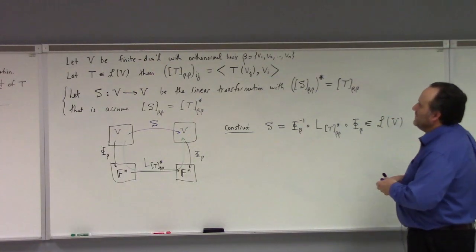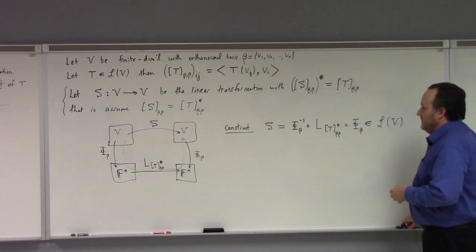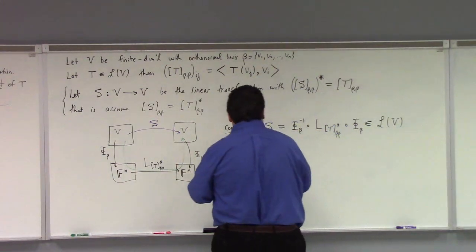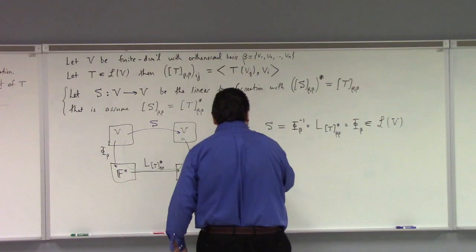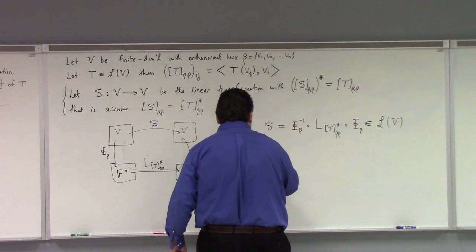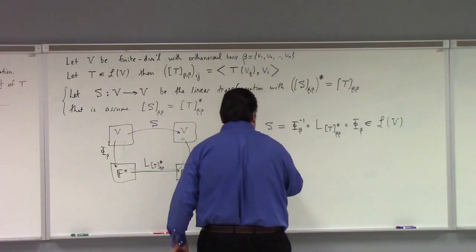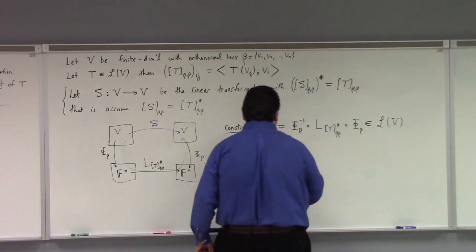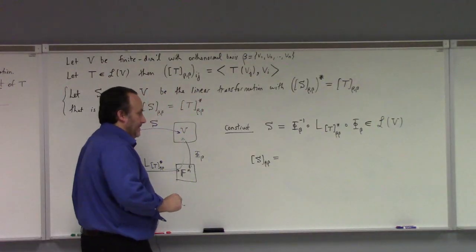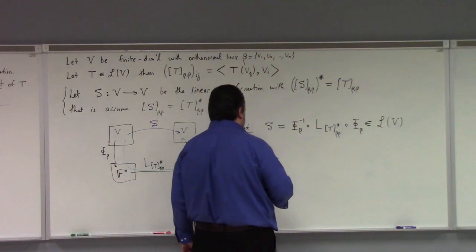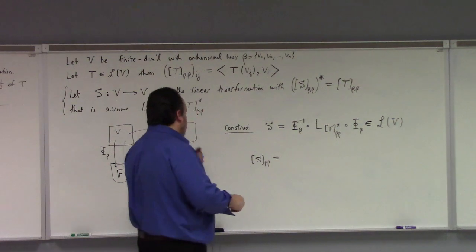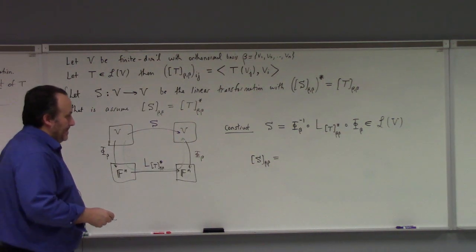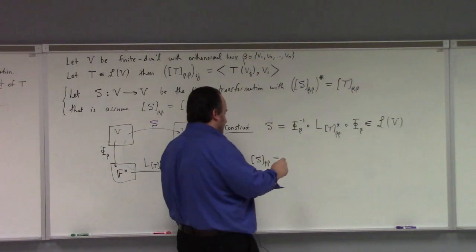All right. Now, my next claim is that if you construct S like this, then the matrix of S with respect to the beta basis is equal to what? How would you calculate the matrix of S? Do you guys remember?